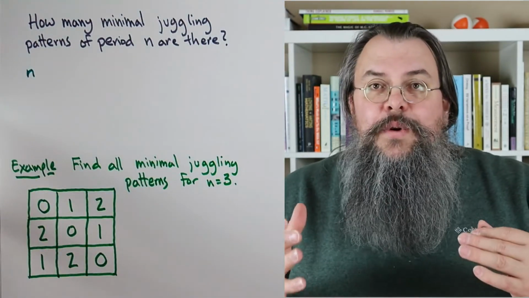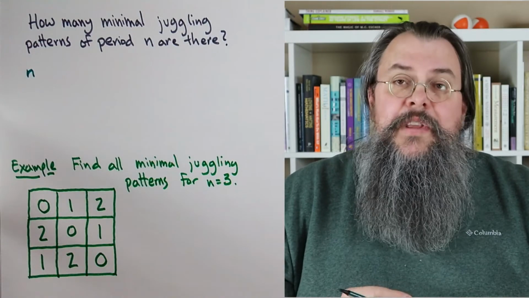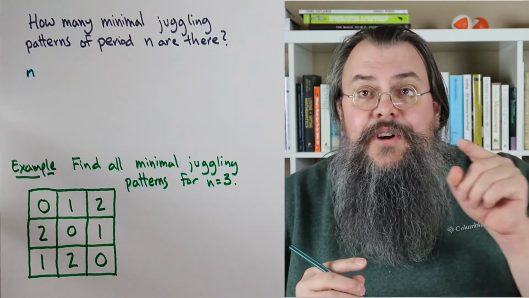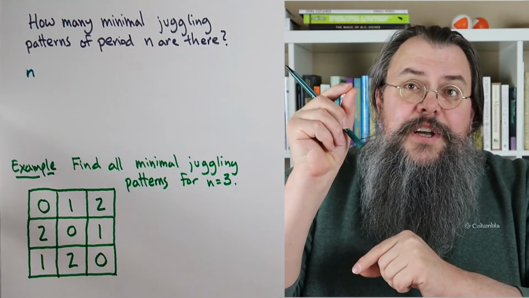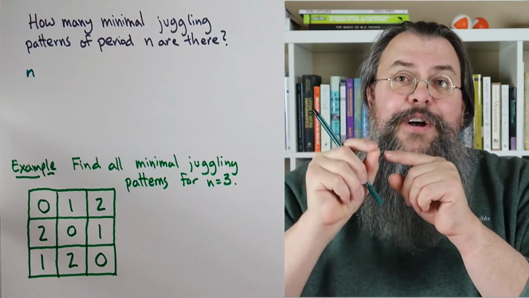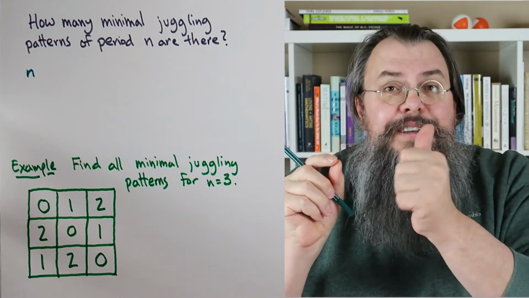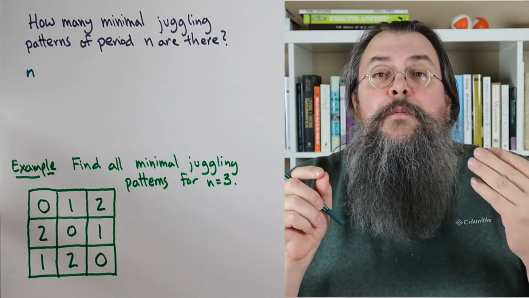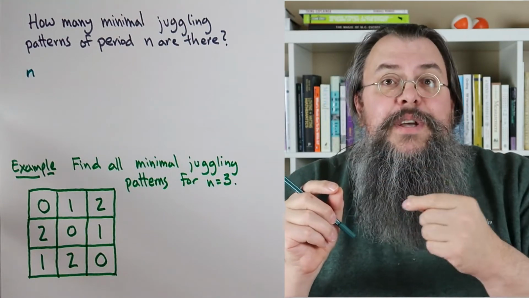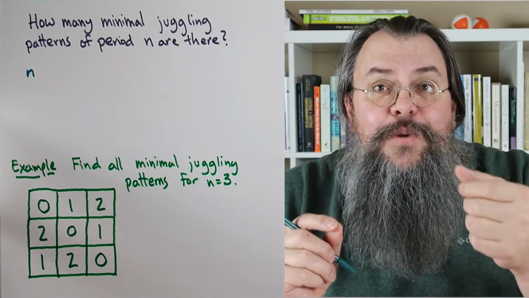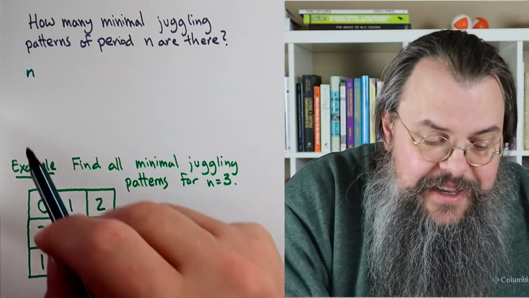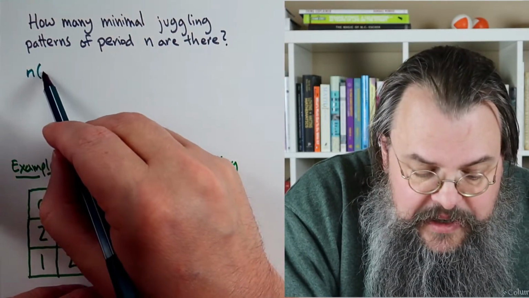Well, all right, so we can put our second rook down. Now, when we put our second rook down, there's already one rook above. We can't put it in that same column, so we've lost one place to put it. Well, that means we don't have n options. We have n minus 1, one less. Okay, so now we put the second rook down, n minus 1.